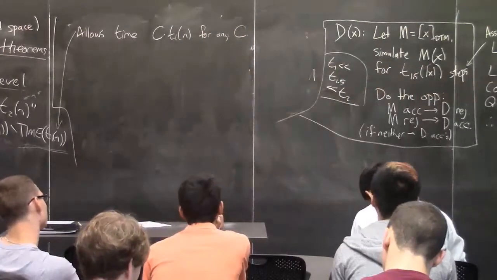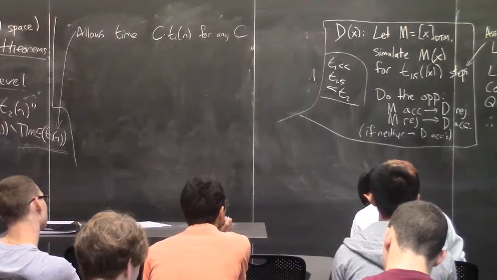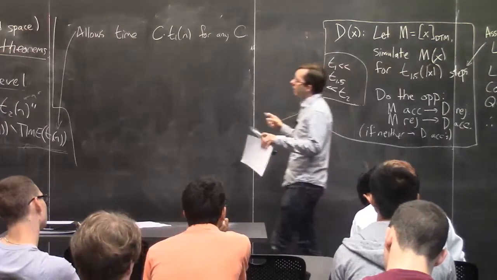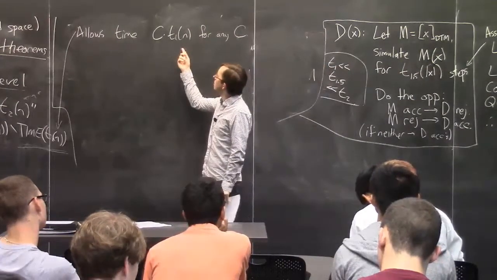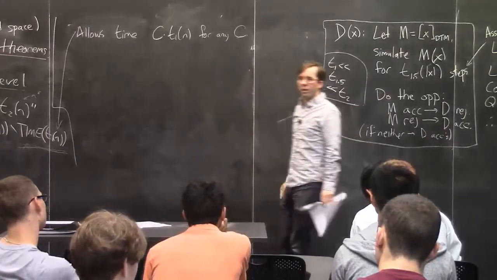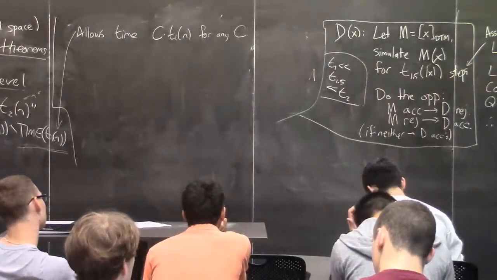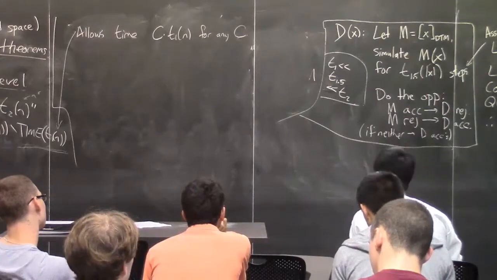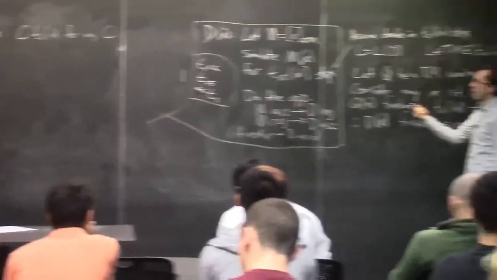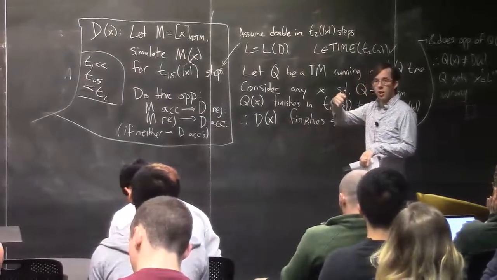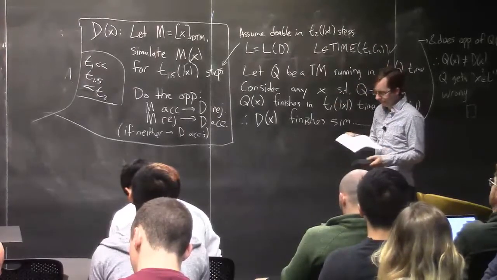Really for sufficiently large n, but it's always the case that for sufficiently large n, you can kind of build it into the constant c by making c bigger. So this is actually trickier because we have to diagonalize not just against time T1 of n, but against any large constant multiple of T1 time.